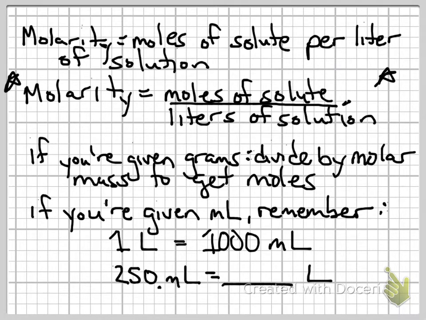We're going to move it 3 places to the left because there are 3 zeros in 1,000. So we would just go 1, 2, 3, and 250 milliliters would become 0.250 liters.